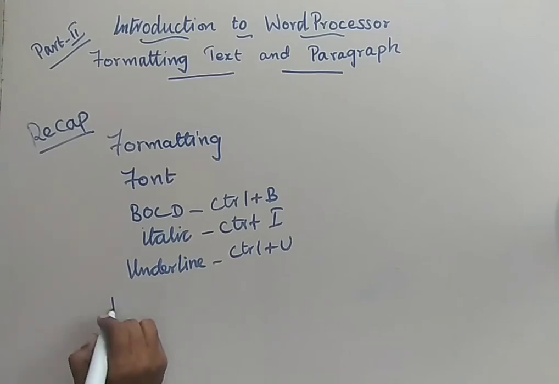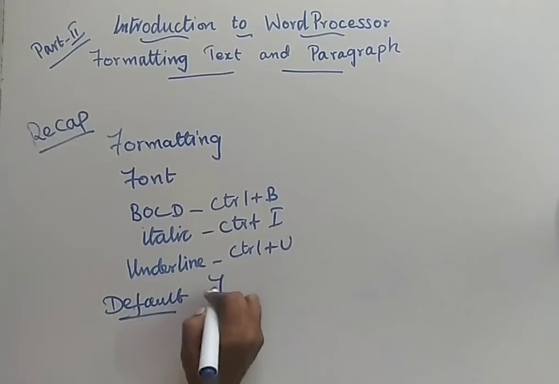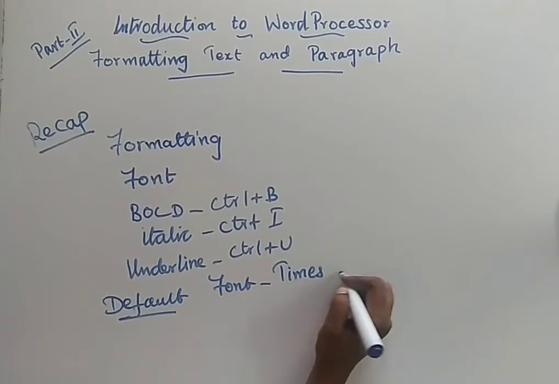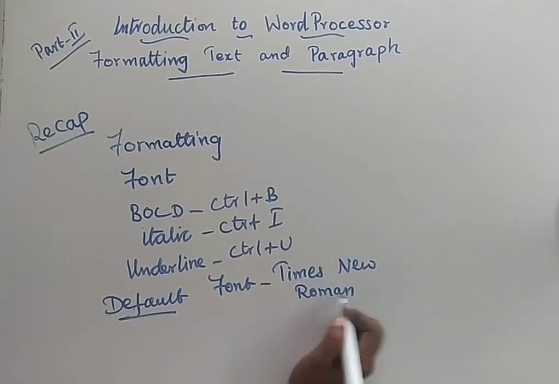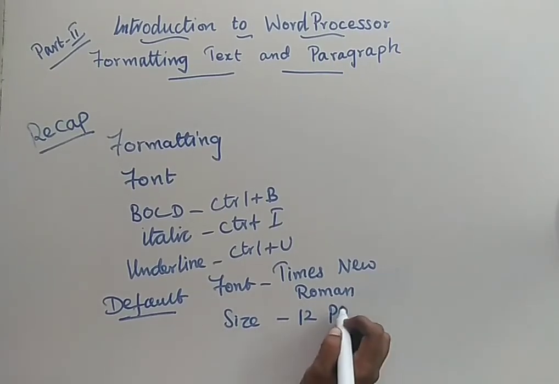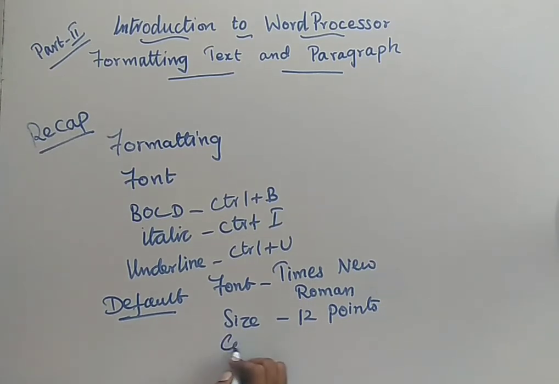Similarly, what is the default font? The default font is Times New Roman. And what is the default size? It is 12 points. Similarly, we have discussed font color also. What is the default color?